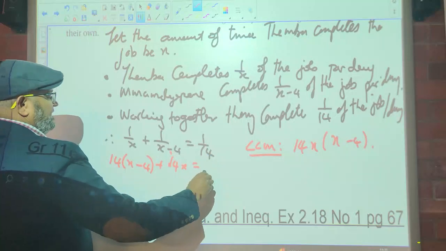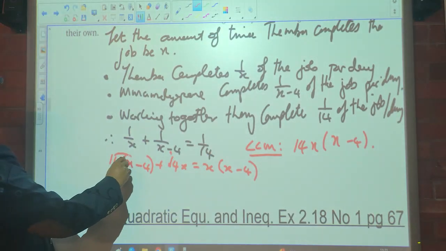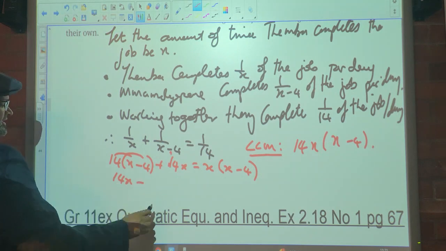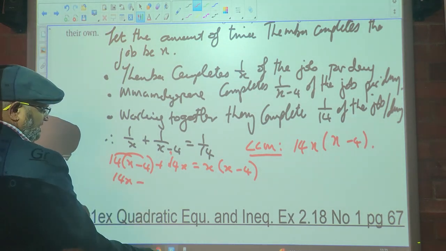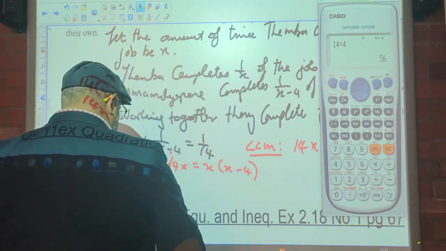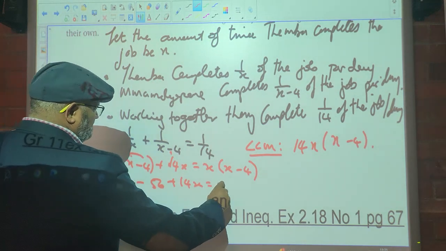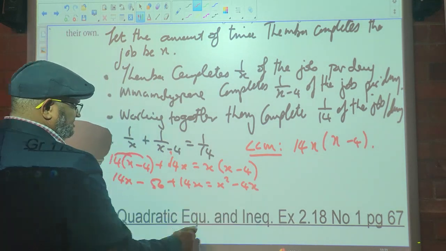And this must be multiplied by x into x minus 4. So that's going to give us 14x minus, that is 14 times 4, 56, plus 14x is equal to x squared minus 4x.